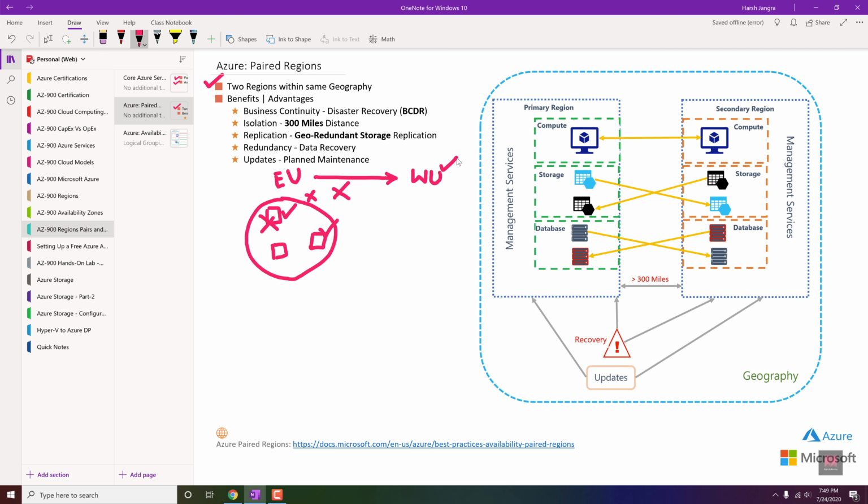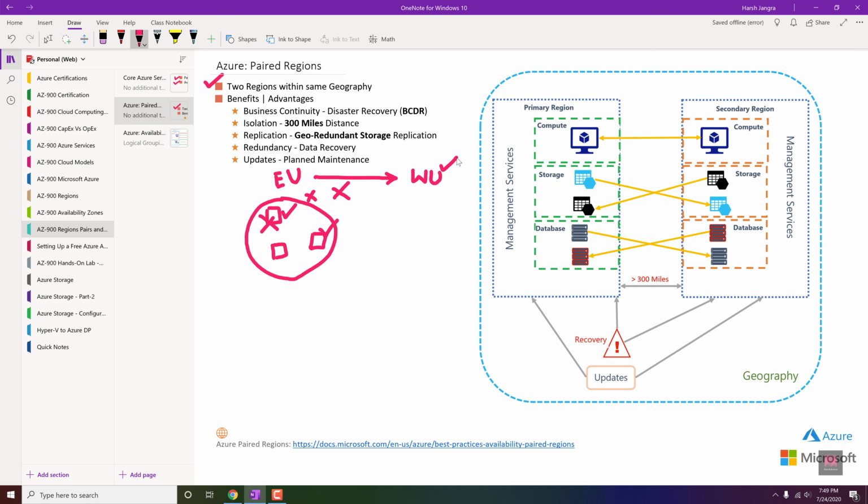So the overall concept and idea of this deployment is to make sure the applications, servers, and all sorts of resources that consumers have deployed in the region are running as fast as possible, and that's how they think of a paired region basically.